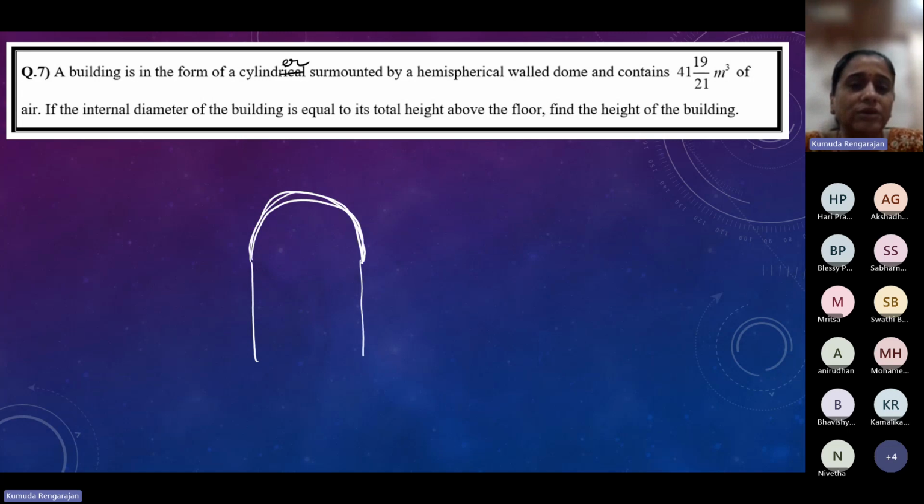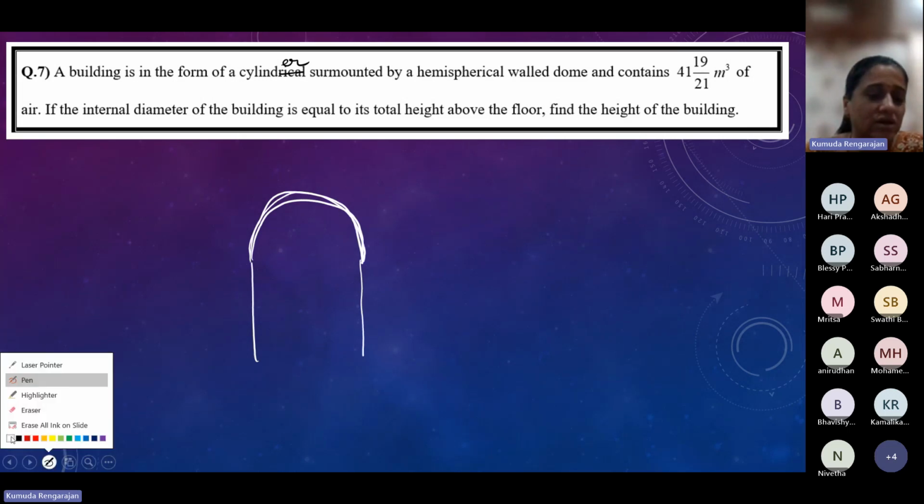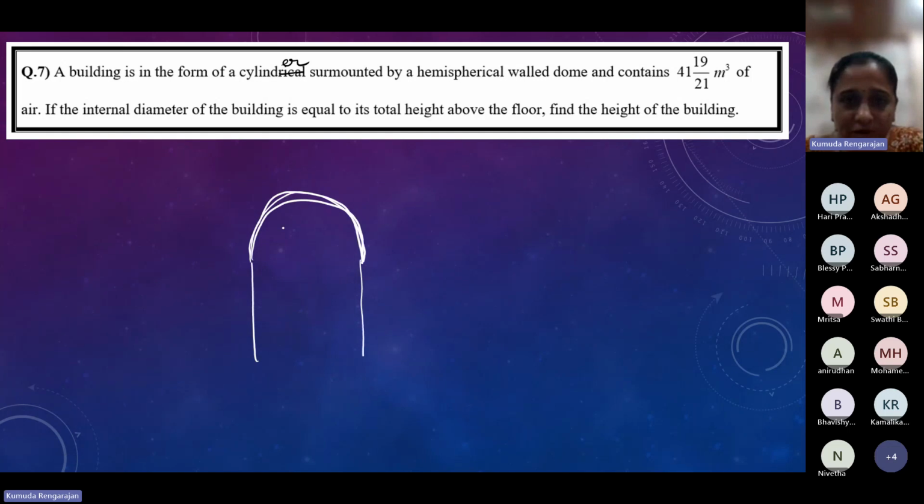If the internal diameter of the building, so which is the internal diameter of the building? The diameter of the building is the diameter of the hemisphere or the diameter of the cylinder. Both are the same.